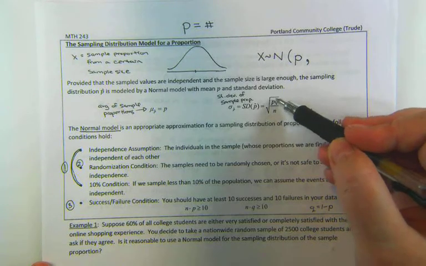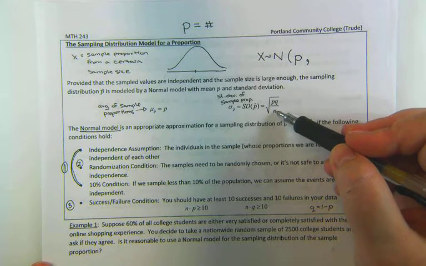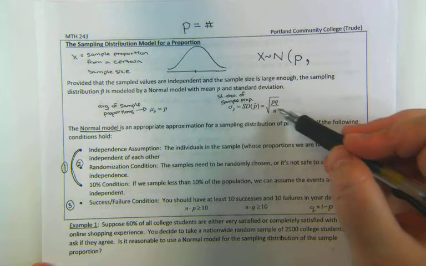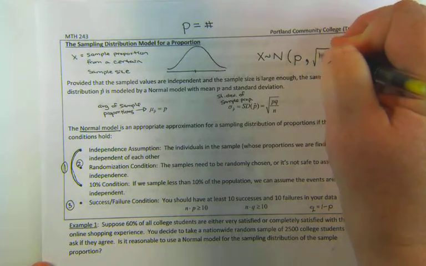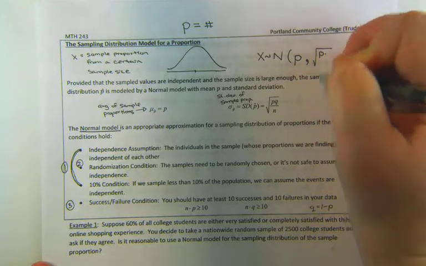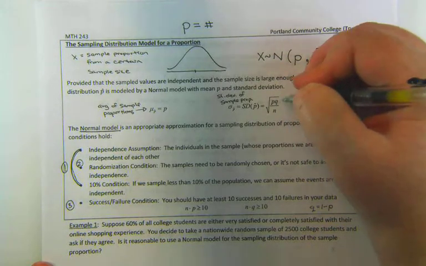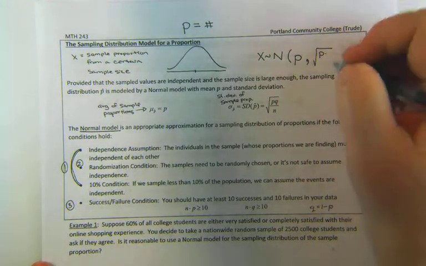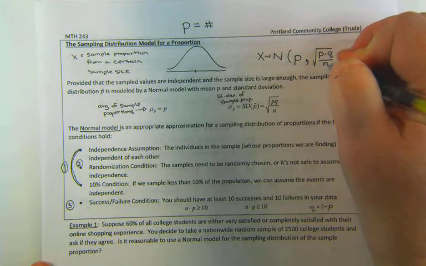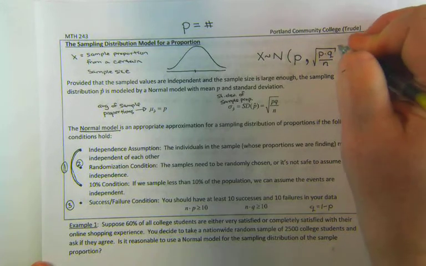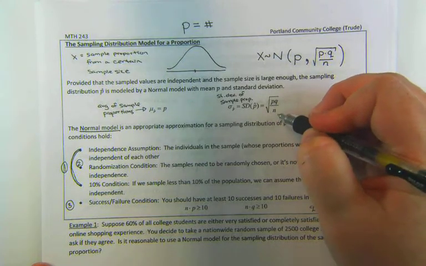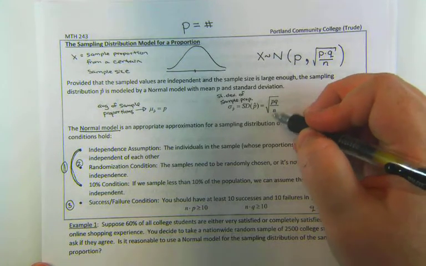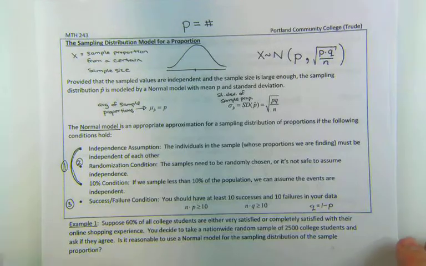But for the standard deviation, we need to take into account sample size, because smaller sample sizes have larger standard deviations because we're not dividing by as much, whereas if we have large sample sizes, we're dividing by a lot, and this shrinks down. Take this square root, and you take your population proportion times the opposite. So remember q is that 1 minus p, so times q, over our sample size.